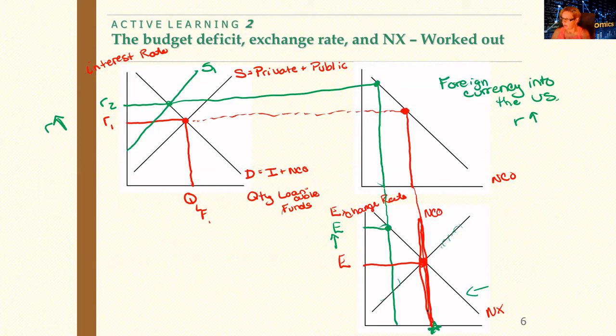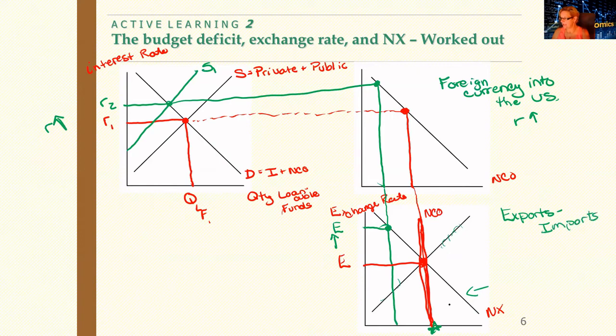Now, what's happening to our net exports? Well, think about it this way, because we're appreciating, right? So US goods become more expensive relative to other goods. So when we look at this, remember net exports are exports minus imports.